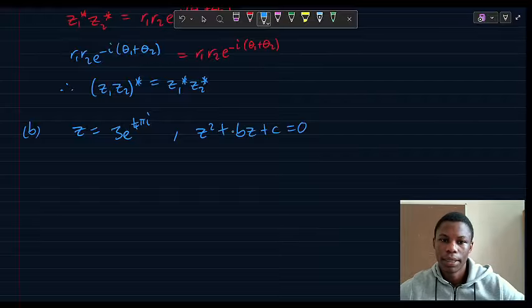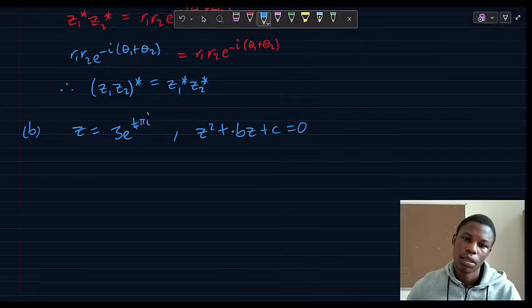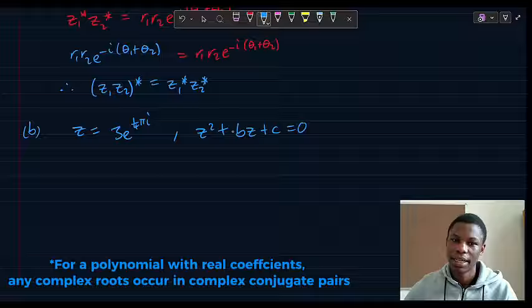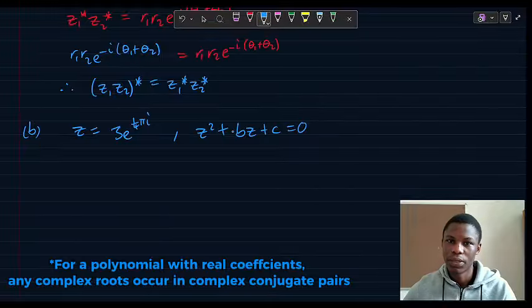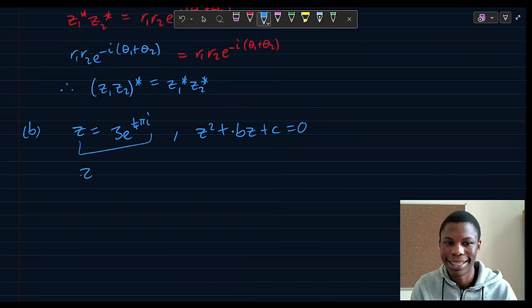So we know that if you've got a polynomial with real coefficients, then any complex roots occur in complex conjugates. So in this case, if this is a root, then z star also has to be a root.